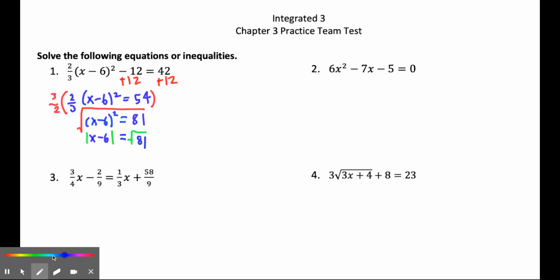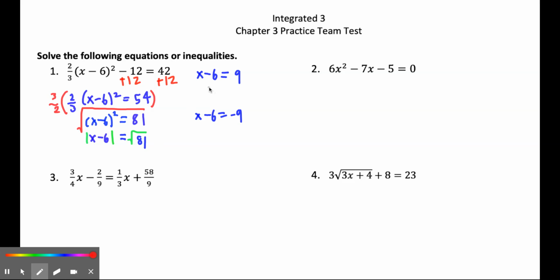And then you set up two equations, so then you have x minus 6 equals 9, since the square root of 81 is 9, and then x minus 6 equals -9. Because it's the absolute value, you need to make your two equations, and because it's squared, there's usually two. Often there are two answers.